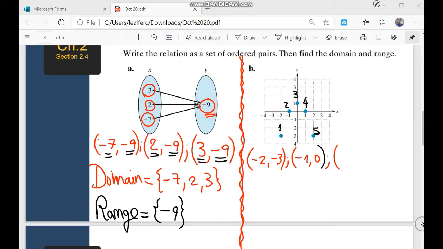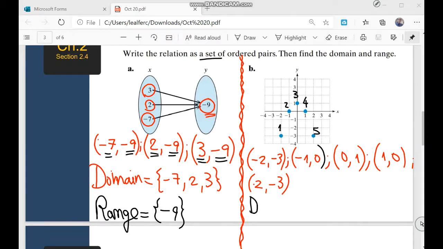Point 3, x equals 0 and y equals 1. Point 4, x equals 1, y equals 0. And point 5, x equals 2 and y equals -3. That's it. There's the relationship as a set of ordered pairs.